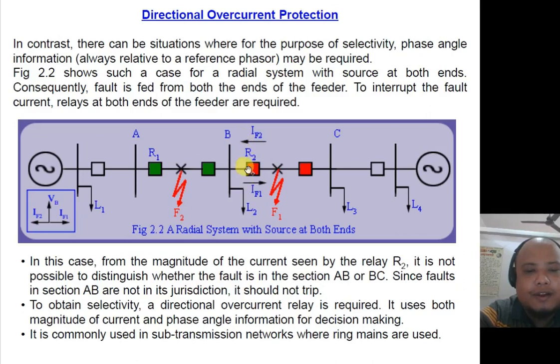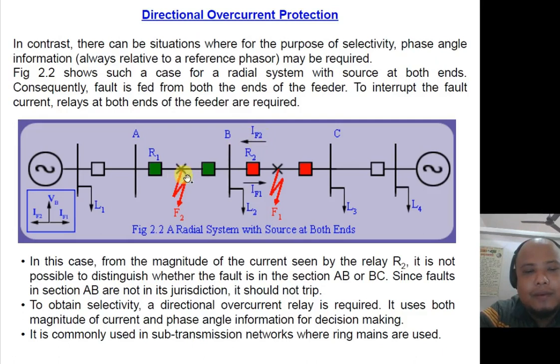Okay, if this is directional, it will act accordingly. That means if R2 is directional and it does not operate for the direction of IF2, then what will happen?